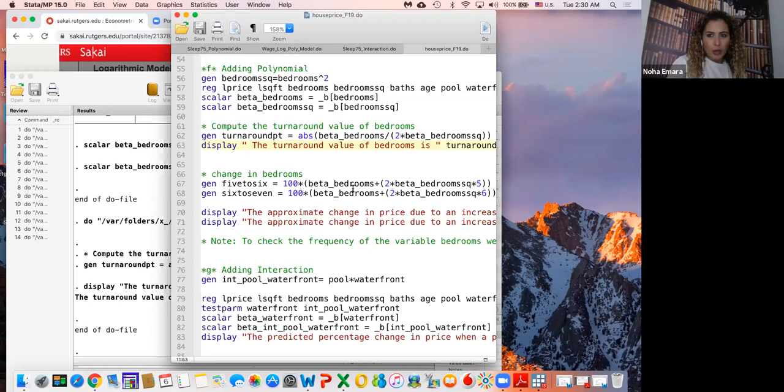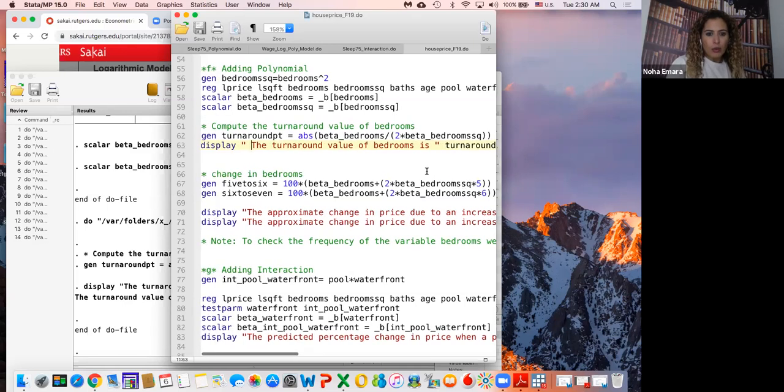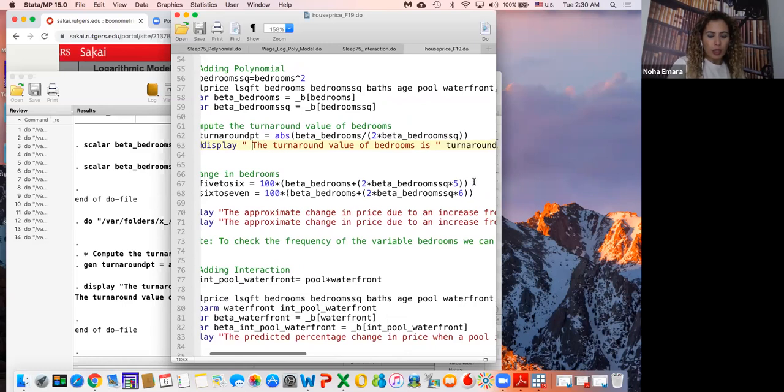This is the equation I gave you in class last week for the approximate change: the coefficient of x plus 2 times the coefficient of the squared term multiplied by the original x, and then all multiplied by the change in x. Now the change from 5 to 6 is 1, so you don't see the multiplication by 1. So this is the approximate change.